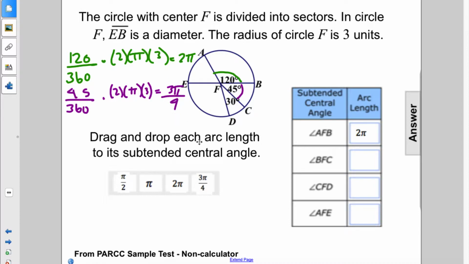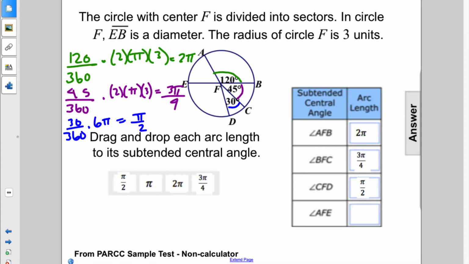So we'll drag that over right there. All right, next we have angle CFD, 30 degrees. So 30 over 360 times 6 pi, which is 2 times 3, pi equals pi over 2. So I will drag this pi over 2 right there.